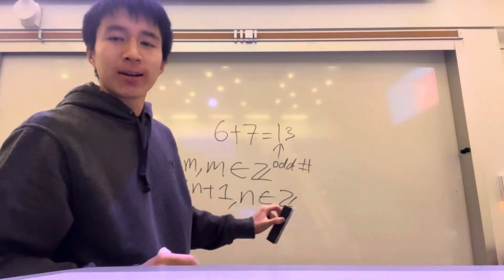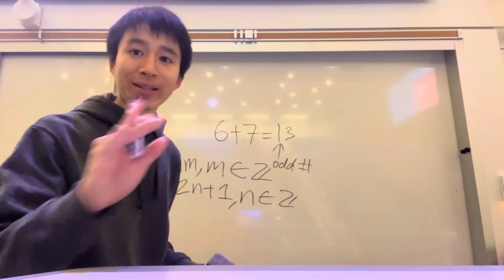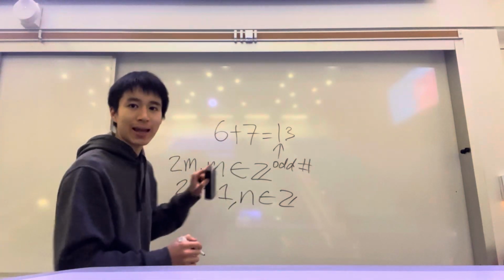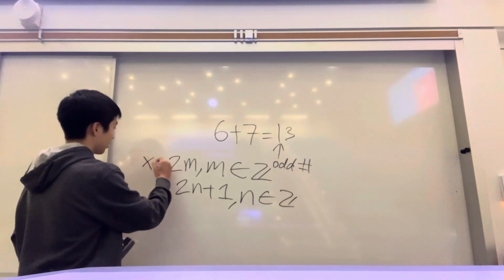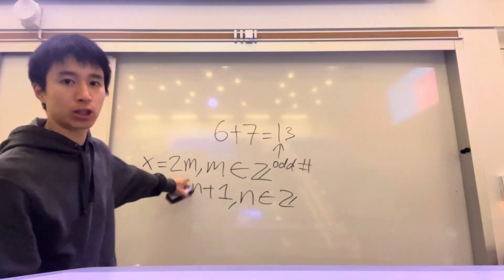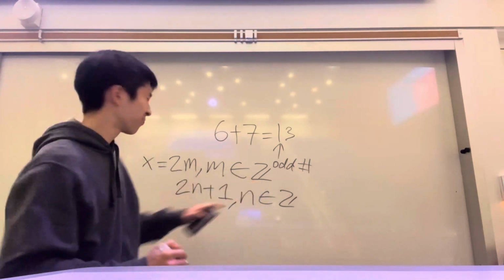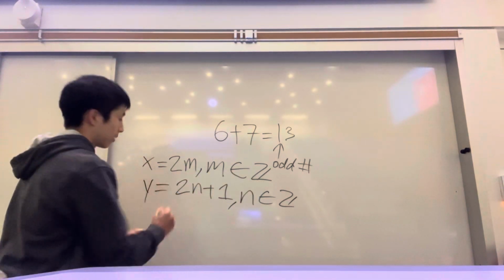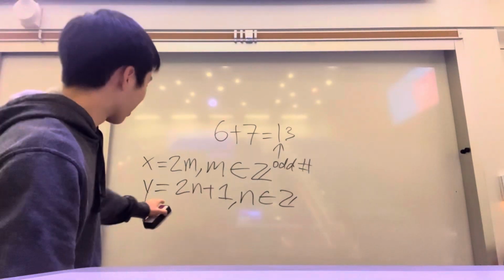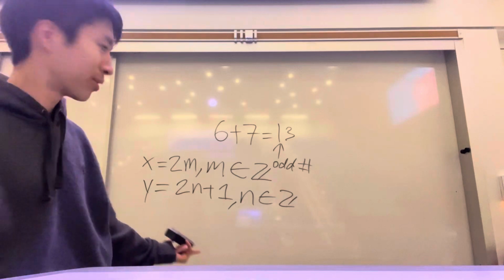Okay, so let's find out how the sum of the two will yield you an odd number. It's quite simple. Let's say x is an even number, so it's equal to 2m, where m belongs to the set of integers, while y is an odd number, equal to 2n plus 1, n of course belonging to the set of integers.